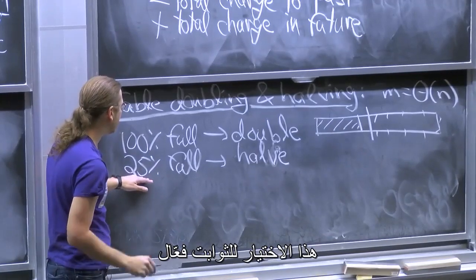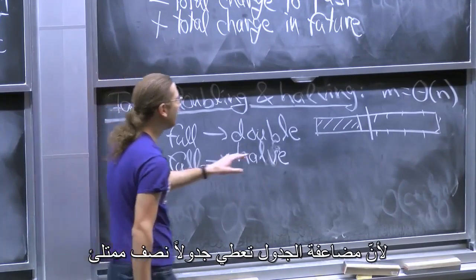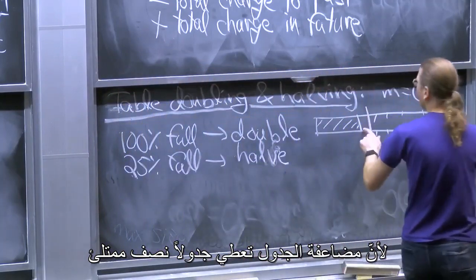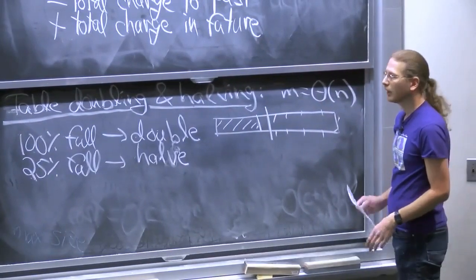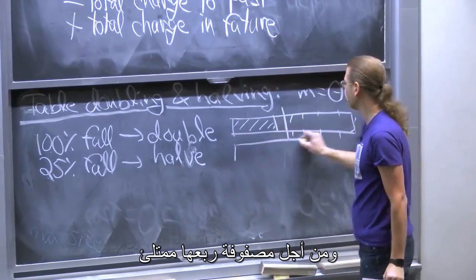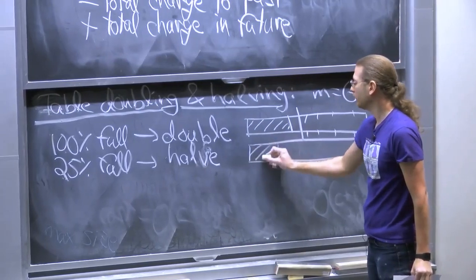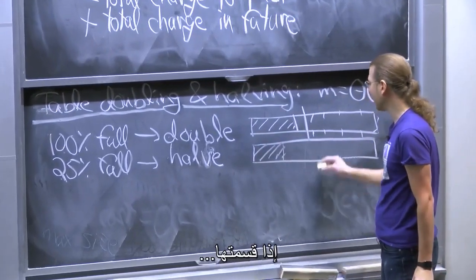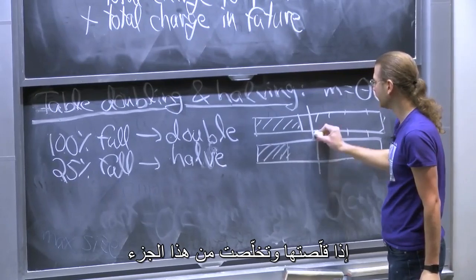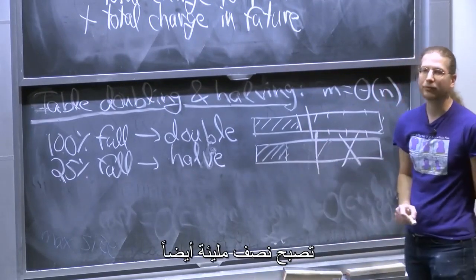So this particular choice of constants is nice because when I double a full array, it's half full. And also, when I have an array that's a quarter full, like this, and then I shrink it, I get rid of this part, it's also half full.